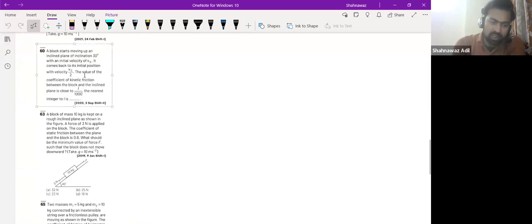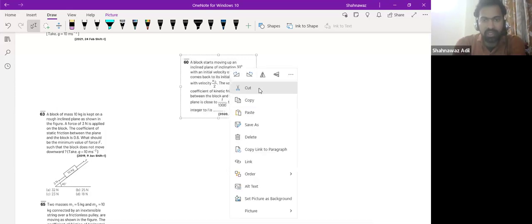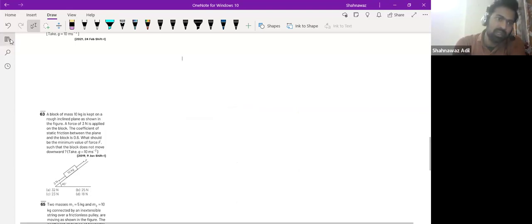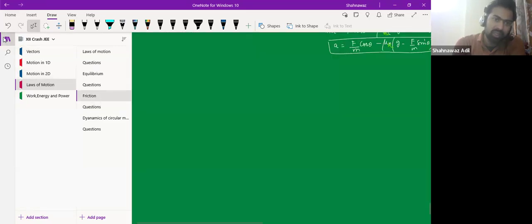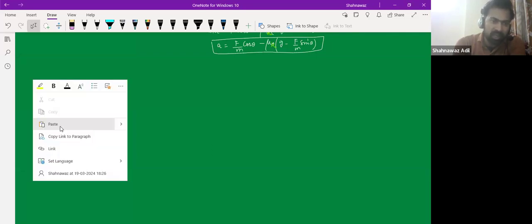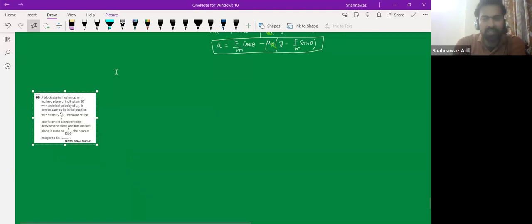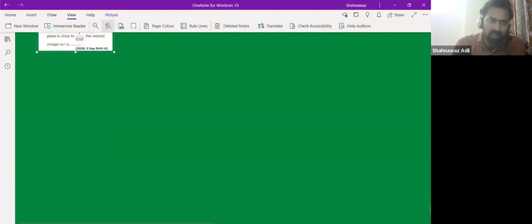We'll quickly do these and then we'll move on to dynamics of circular motion, and that part I will derive, because if we derive that thing, the banked road and unbanked road, then that becomes very easy to understand. Otherwise, there is always a doubt about what angle we should take. So I will talk about that, but let us first complete these questions.